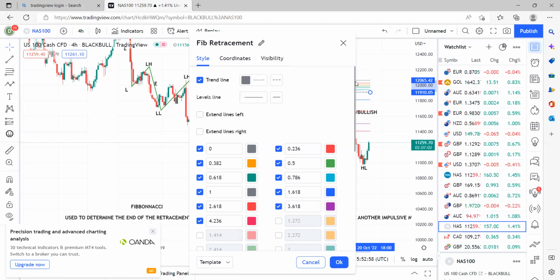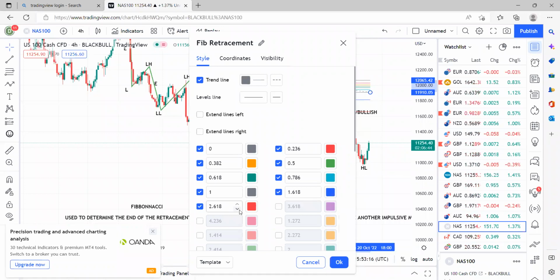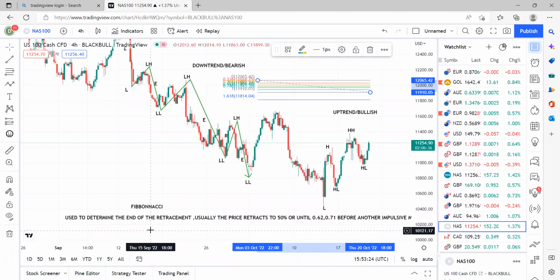And take 4.23, and take 3.6, and take 2.6. And then from there we go. You can use the Fibonacci. You can all see it, 100%.